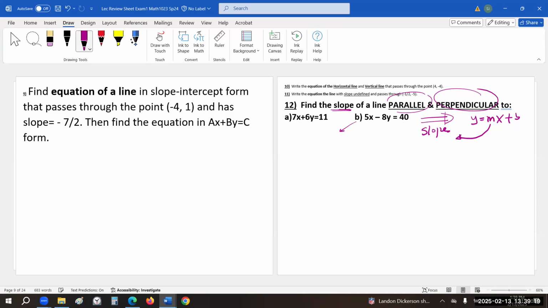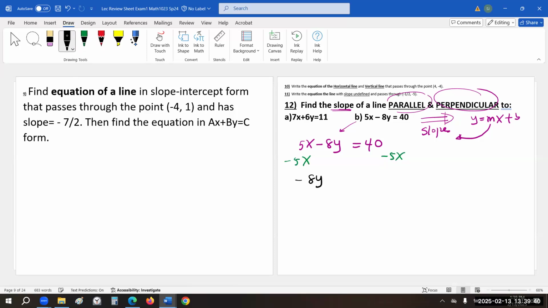So let's do b. 5x minus 8y is 40. Our goal is to get the y alone. So what do we do? Minus 5x from both sides.